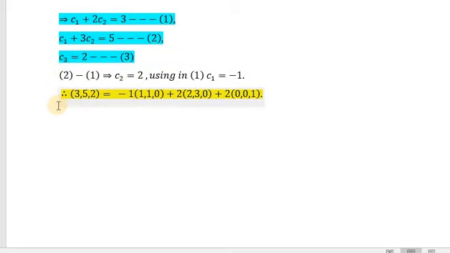That is, (3, 5, 2) equals minus 1 times (1, 1, 0) plus 2 times (2, 3, 0) plus 2 times (0, 0, 1).